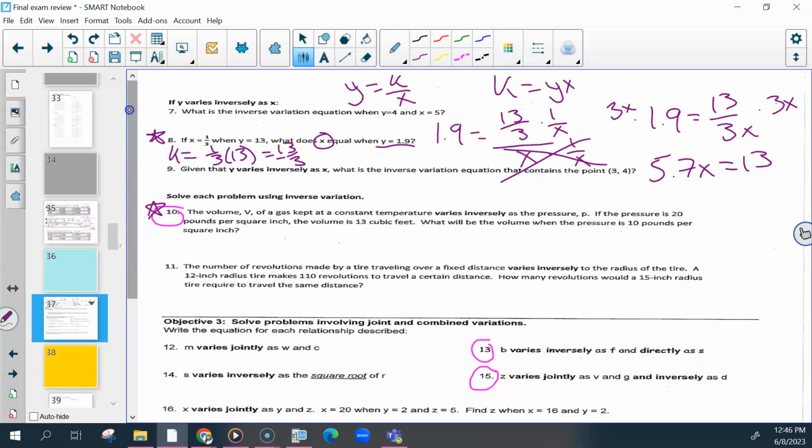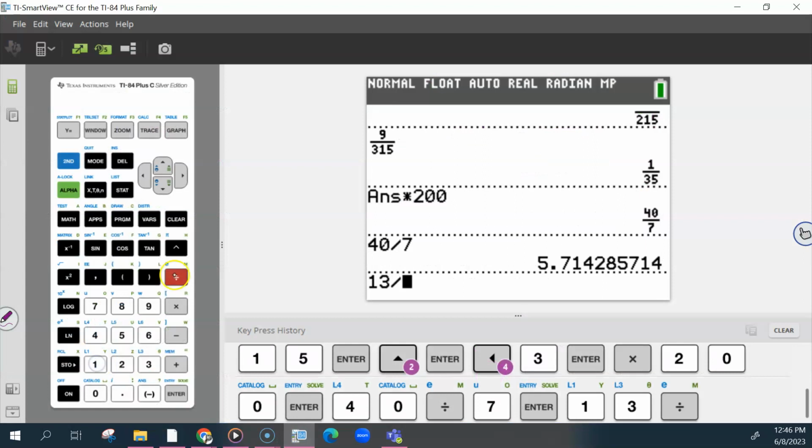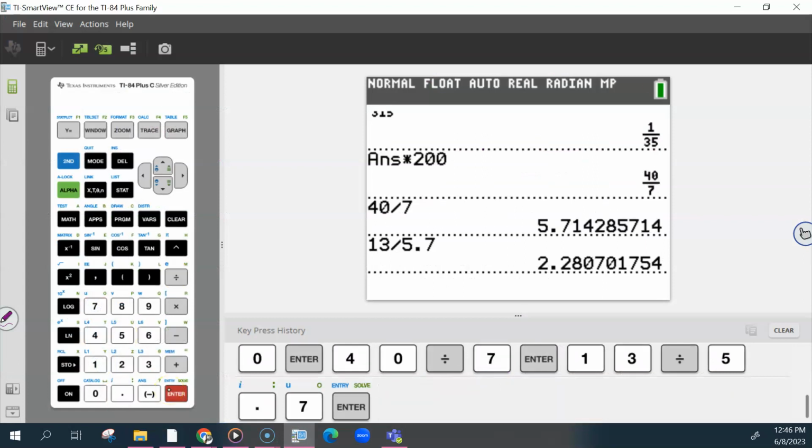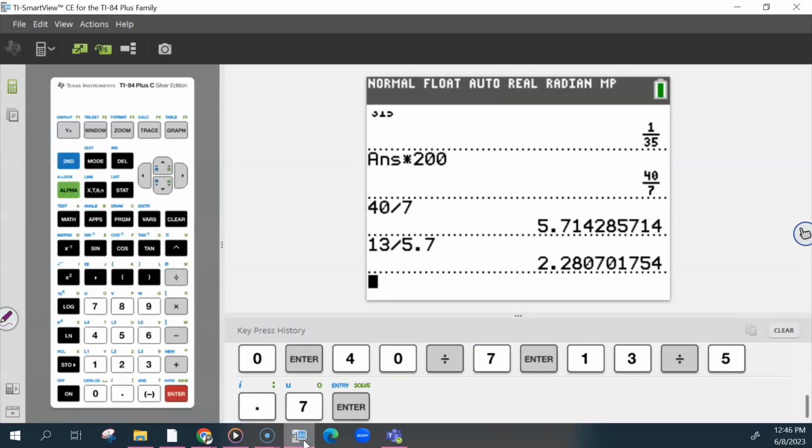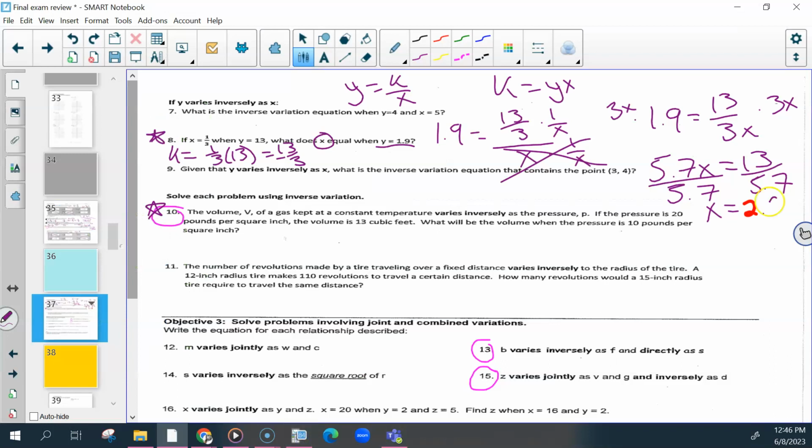And then divide both sides by 5.7. 2.2807... Uh, 4.3846. Yeah, there's some decimal. So you can do like 2 decimal places. Questions on that one before we do 10?